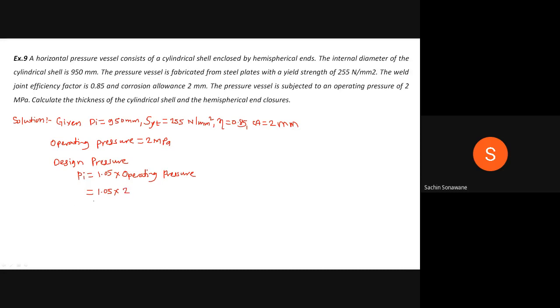What is the value of Pi? 2.1 megapascal.